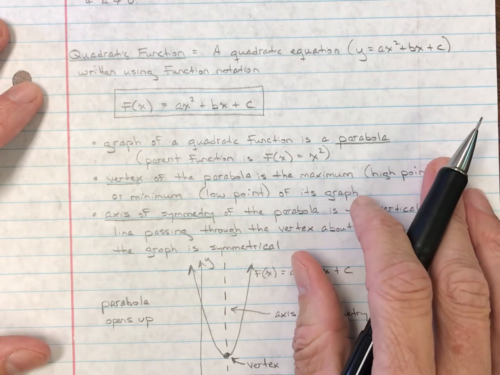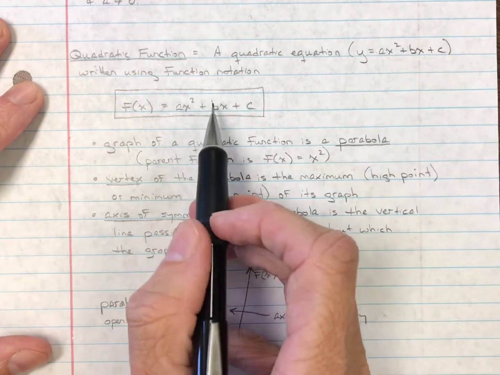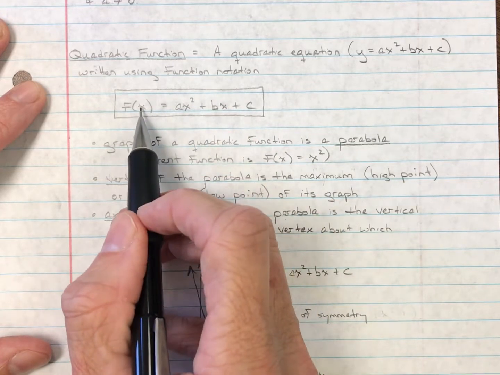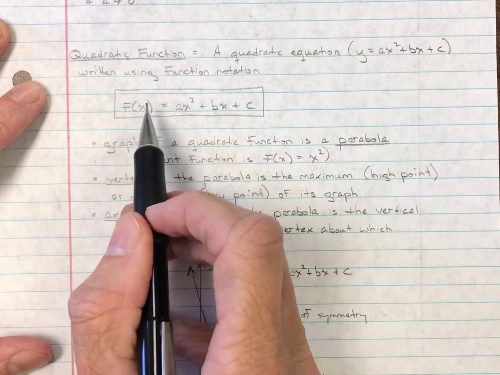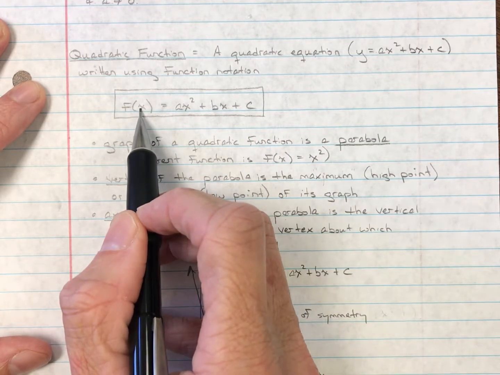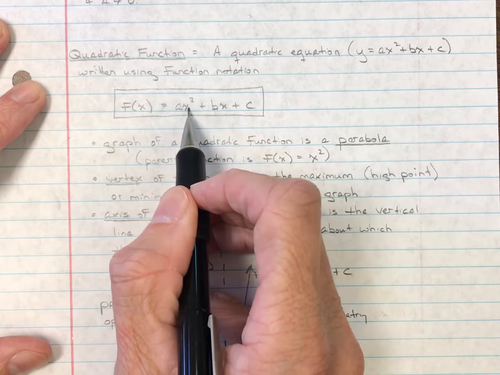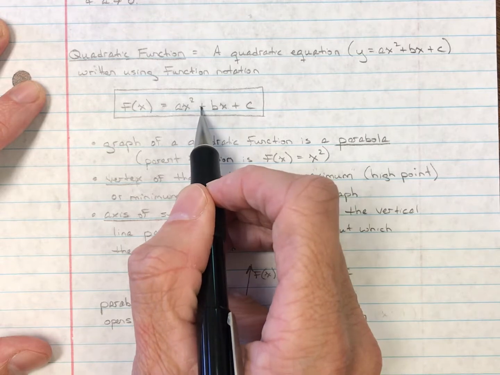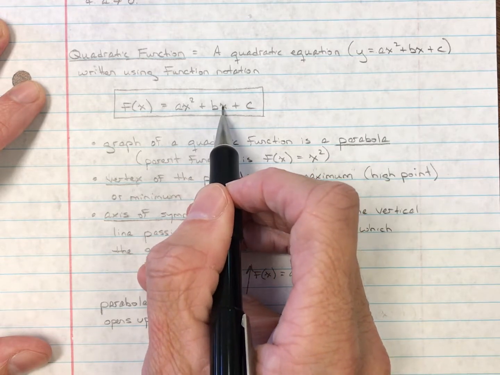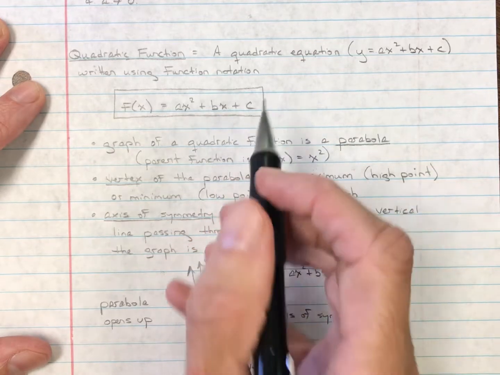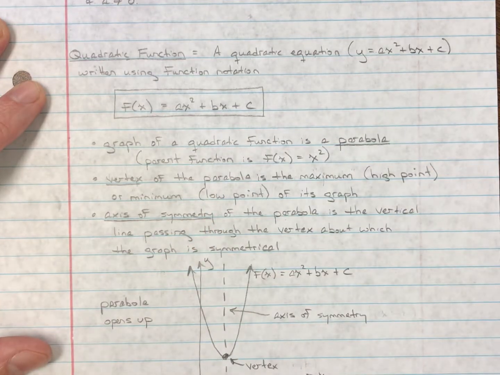What we're saying here is the function machine takes whatever's input: you put x into the function, you square it, multiply that by a, add that to what you put in times b, and then add c, and you get an output, a member of the range.